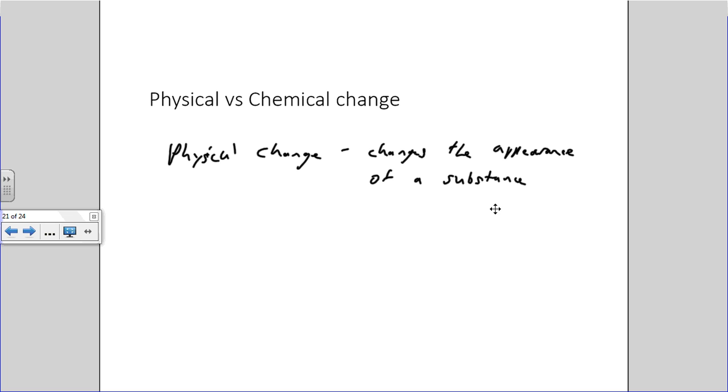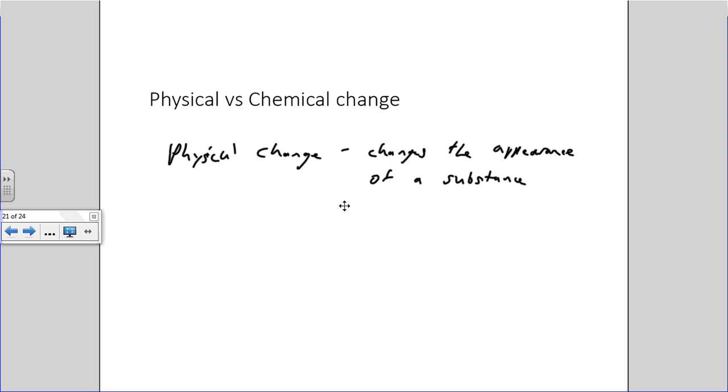It changes what something looks like. Examples would be: I have a piece of paper and I wad it up, or I tear my piece of paper in half, or I take liquid water and boil it and turn it into water vapor, water gas.